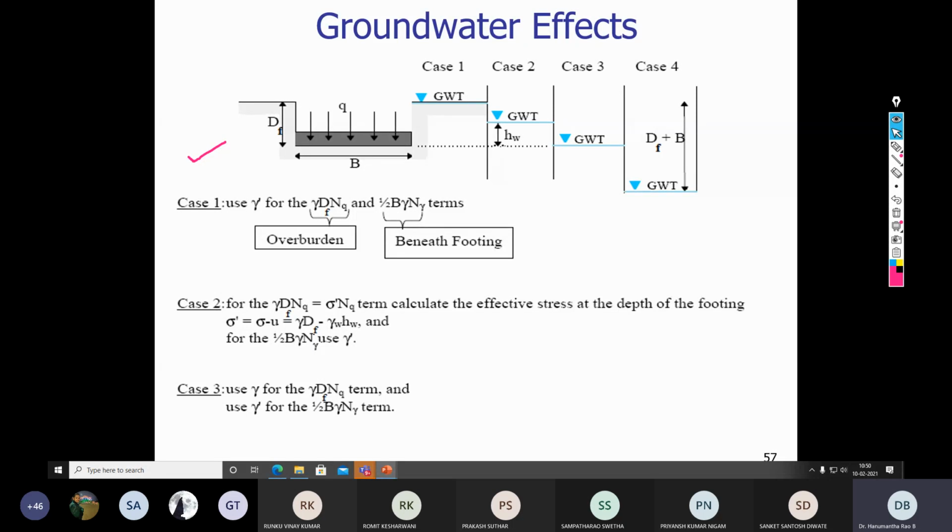If you look at the IS code, the groundwater effect is given in the form of a parameter called capital RW. The meaning of both is the same. Either you follow this concept or the RW concept, both will give you the same value of the bearing capacity.